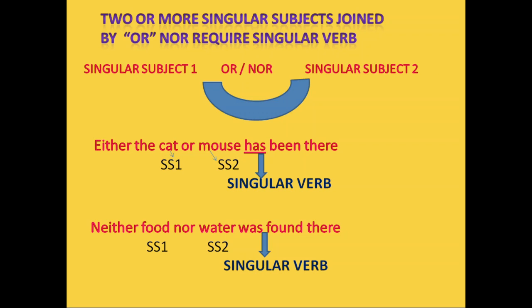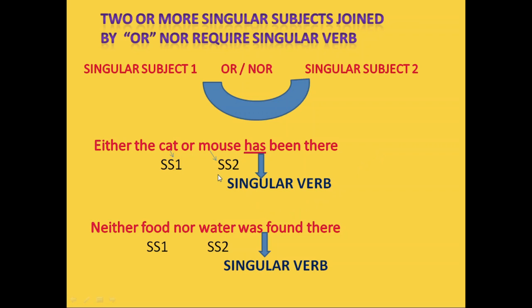Two or more singular subjects joined by or, nor require a singular verb. So, when we have two subjects which are joined by or, nor, then we use a singular verb. For example, either the cat or mouse has been there.